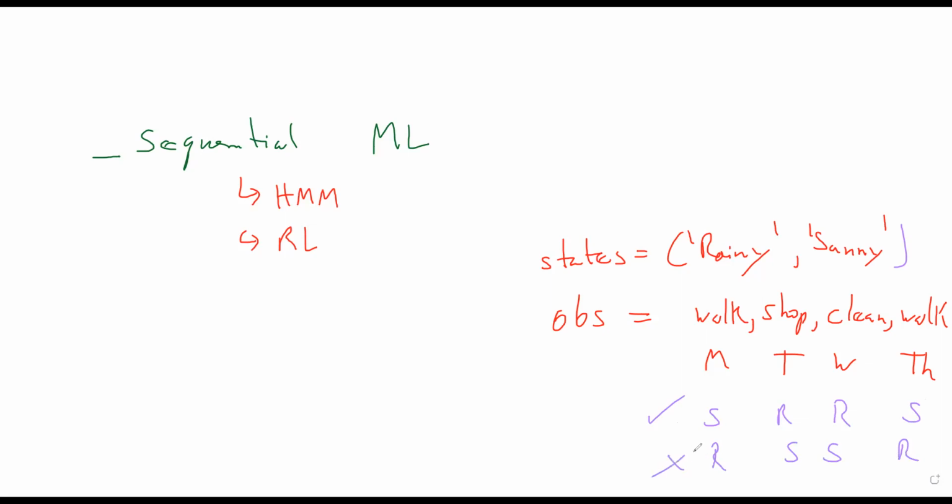This one would be an incorrect one. And there are many combinations depending on how many states we have set up and the length of the sequence, and so on. But this model works for any sequence, so that's a great thing about it. So this problem of predicting this can be modeled as a probabilistic problem based on Bayes' theorem.